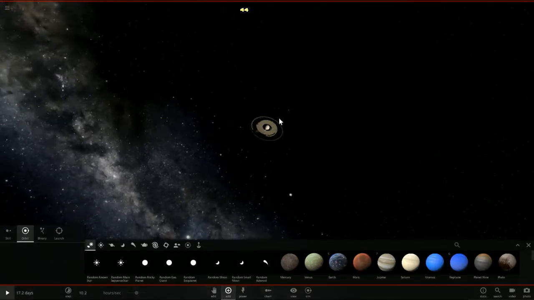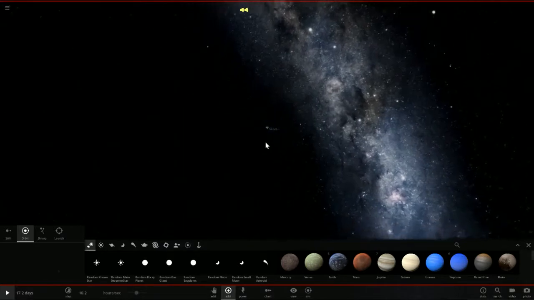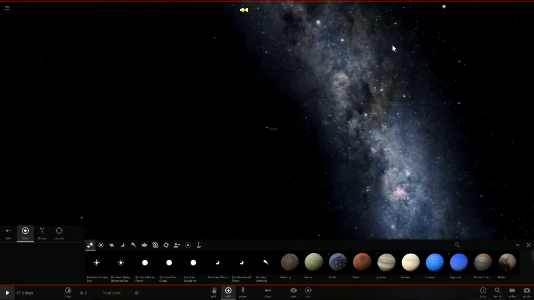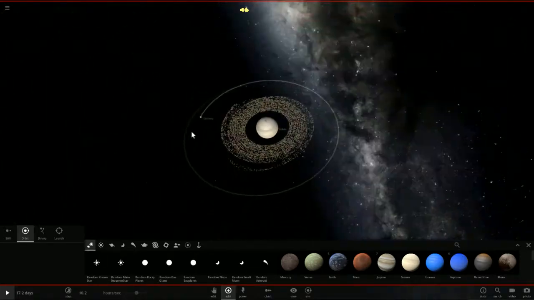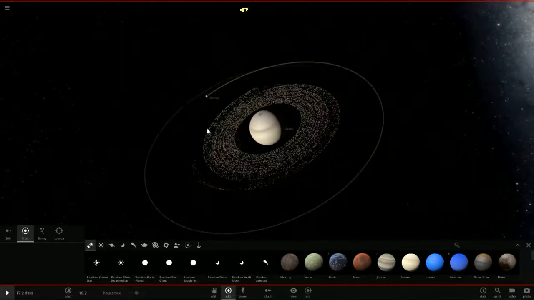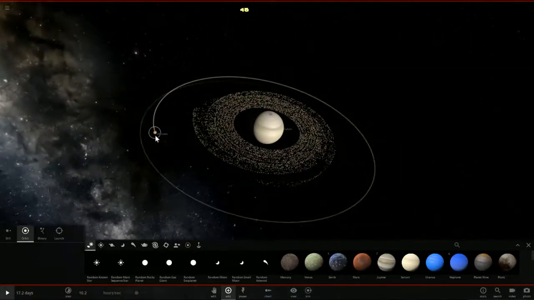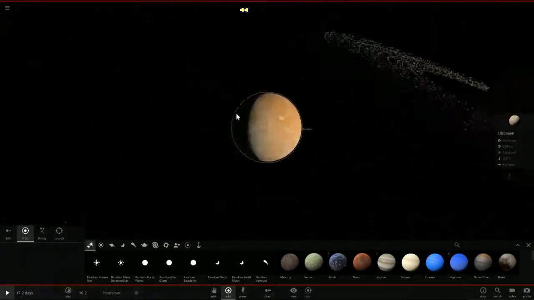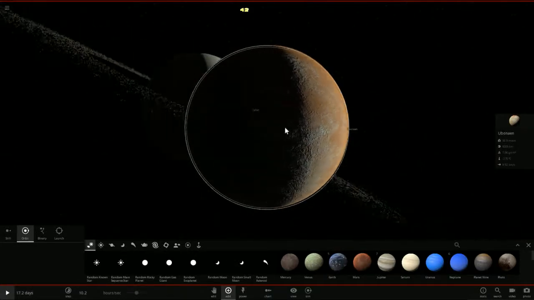It's huge, because when a gas giant's first forming, of course it's going to have a humongous ring, because it's orbiting a star, and the system's new, and it's constantly acquiring materials to form the gas giant and its moons.